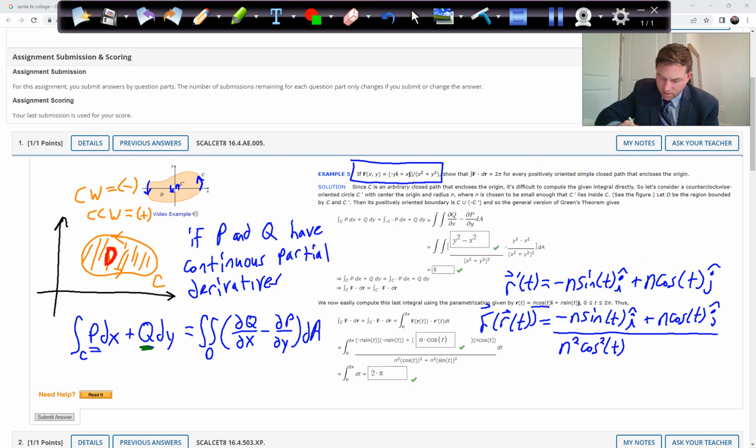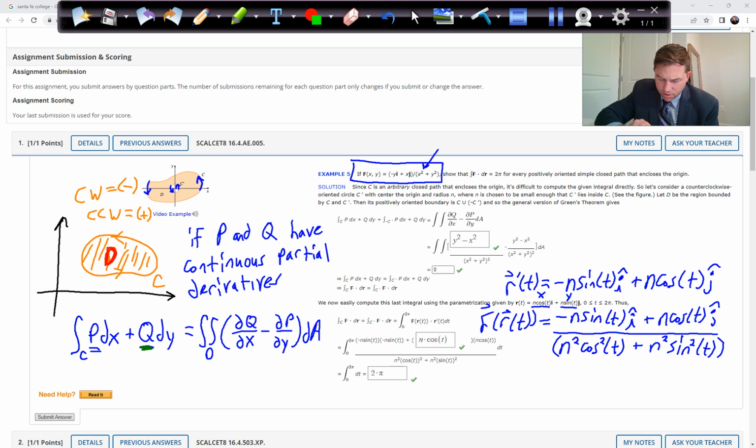So I'm just squaring this x term. This is like x, this is like y, replacing that in here. Then we're going to have plus y squared, which would be n squared sine squared of t, and that would be the denominator.